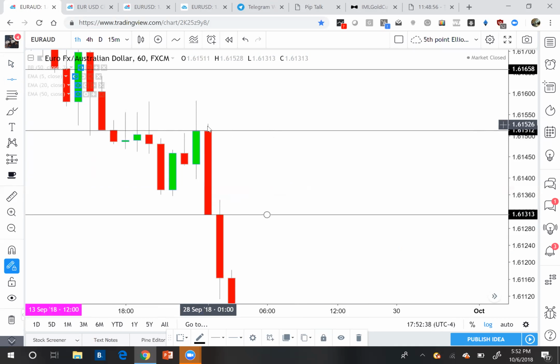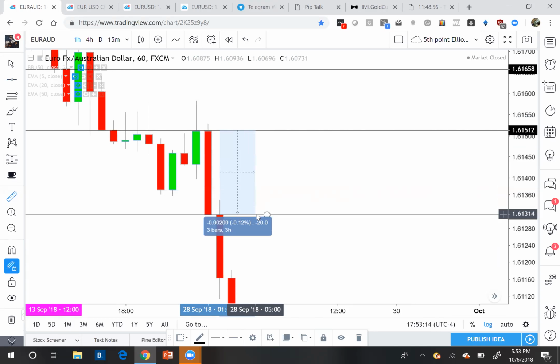This little thin line here is a wick, and that tells me that the price went up at some point to this level here. But then it went down, and eventually it closed at this price point here. So if I was to do a sell when this candle opened, and after 1 hour the price changed from 1.61512 to 1.61313, then I would have made money on the sell.